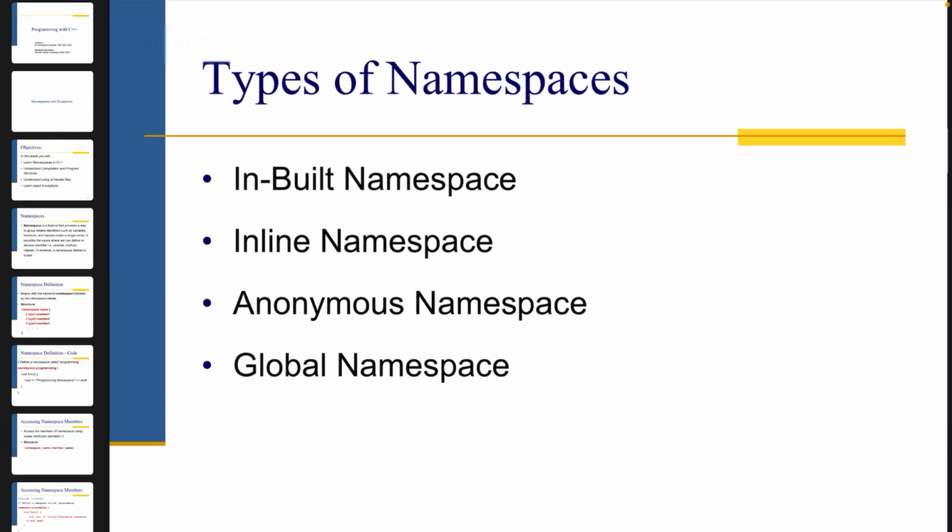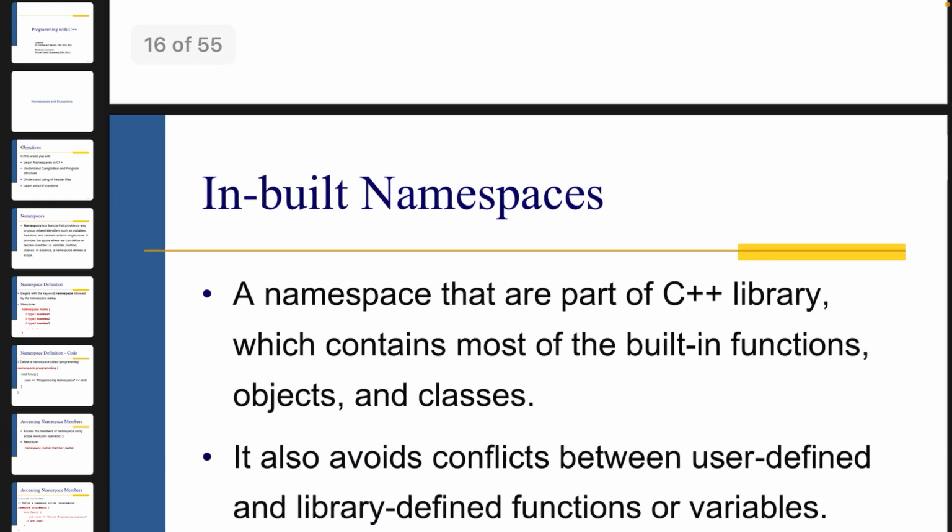And there are types of namespaces. You have the inbuilt namespace, inline namespace, anonymous namespace, and global namespace. We start with the inbuilt namespace.